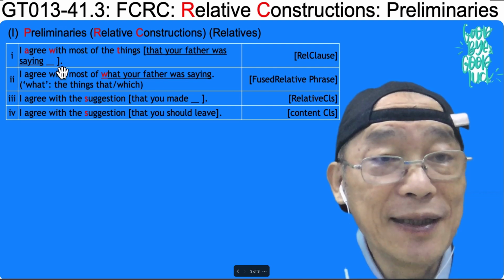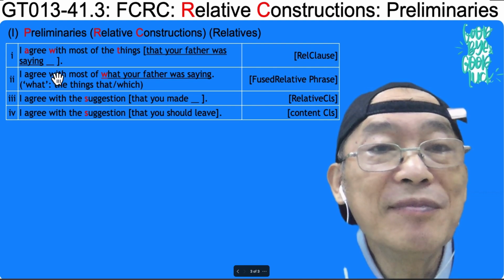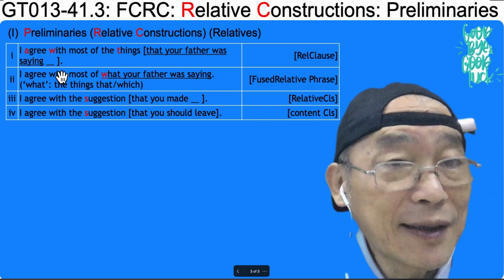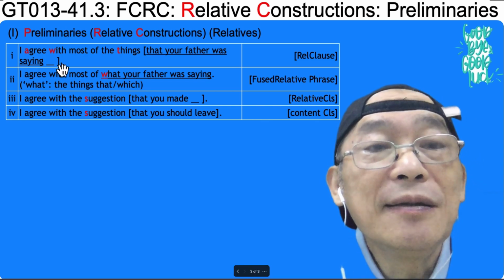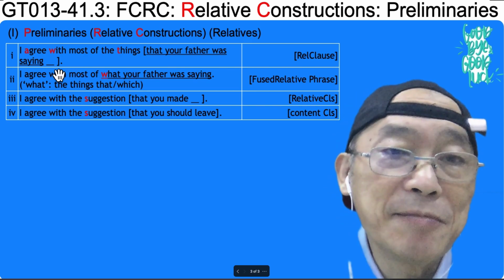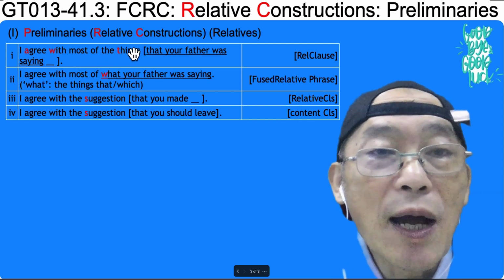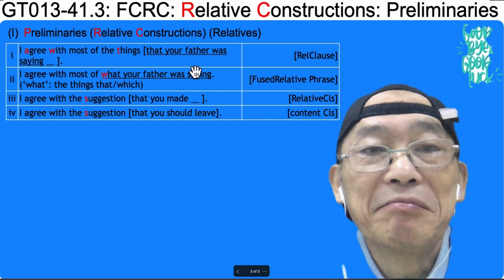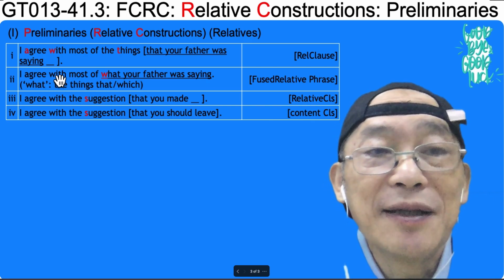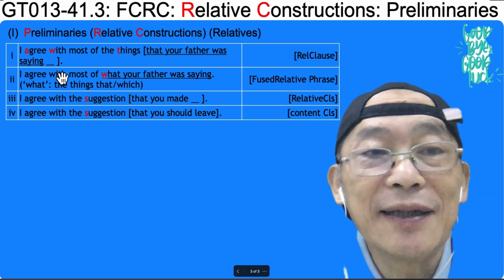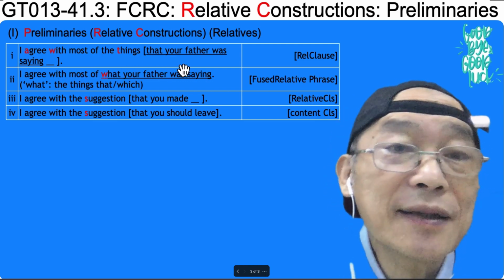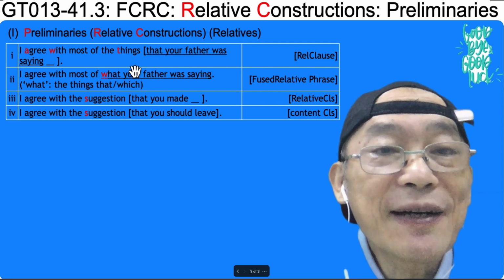Your father was saying something, and something is missing, and that is a kind of marker that indicates it's a relative clause. And this is a modifier, modifying this noun.